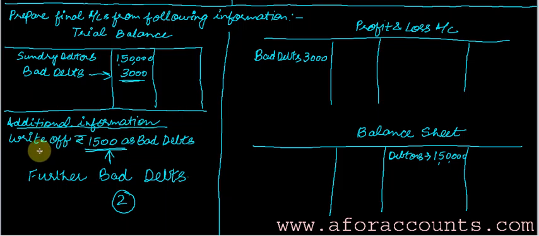Additional information: write off rupees 1,500 as bad debts. I will call this, whenever it is in additional information, further bad debts. So what will I do?